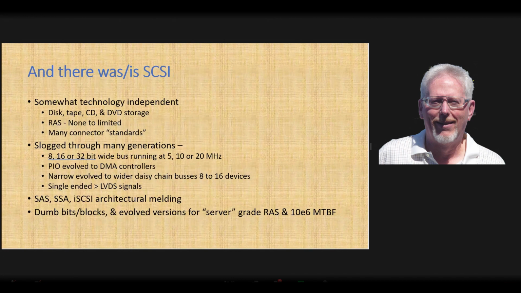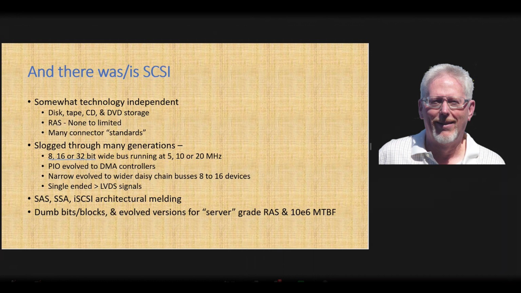One of the questions, I'm going to SCSI, and Tom has talked about that quite a bit. As he had noted, it's somewhat technology independent. One of the things that was always difficult in terms of adopting SCSI into large systems was very limited RAS features and connector proliferation that drove everybody crazy. Of course, it went through many generations of bus width, bus data rate, and bus signaling technology.